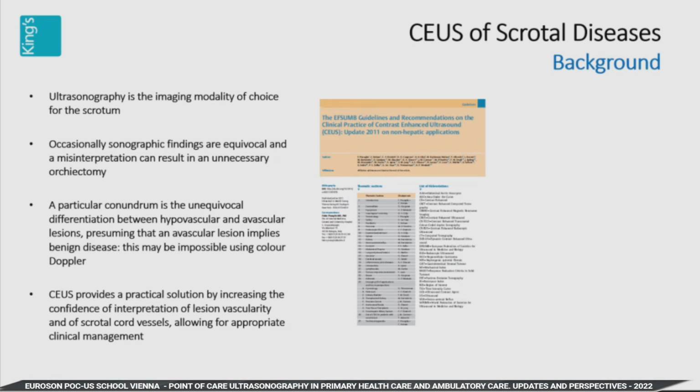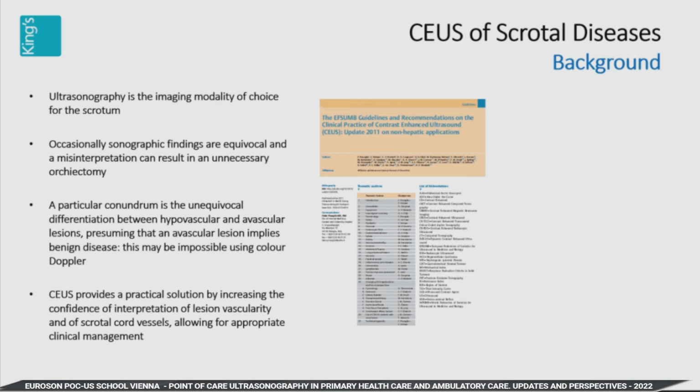And I'll come on to this in a little bit to demonstrate that, as the radiologist, you've got to save these patients from the urologist, because urologists are operators. The particular difficulty is to tell whether or not a lesion is hypovascular or vascular or avascular on your ultrasound Dopplers, because the teaching is that if it's vascular, it's a malignant lesion.